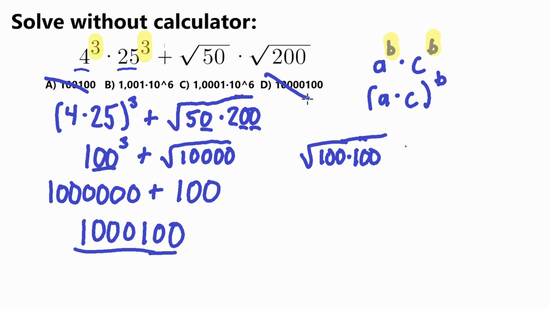Both of these answers are in scientific form, right? So we need to convert this to scientific form, or more specifically to the power of 10. So how do we do that? Well, imagine that here normally we have our decimal point or a comma at the very back, and this is just normal form. This is times 10 to the power of 0, because 10 to the power of 1 is times 10.